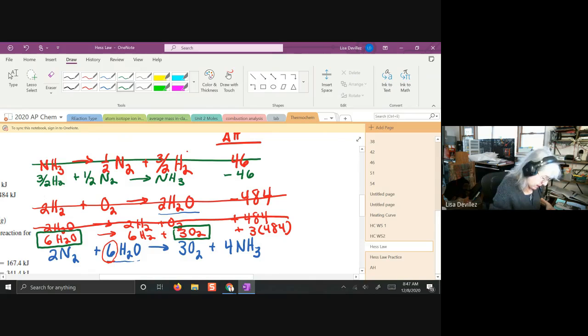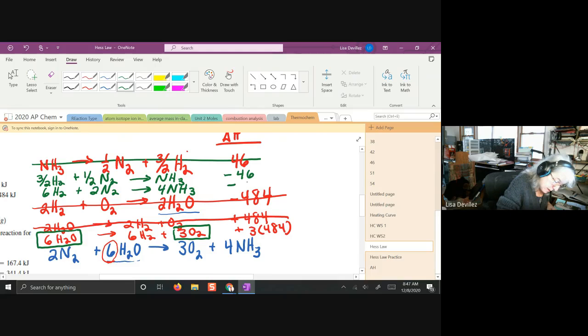And now it needs to be a 2, and it's starting with 1 half, so I'm going to multiply everything by 4. So 12 halves gives me 6 H2, plus 4 times a half gives me 2 N2, and 4 NH3.